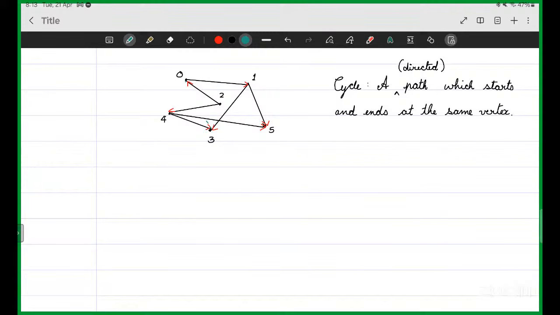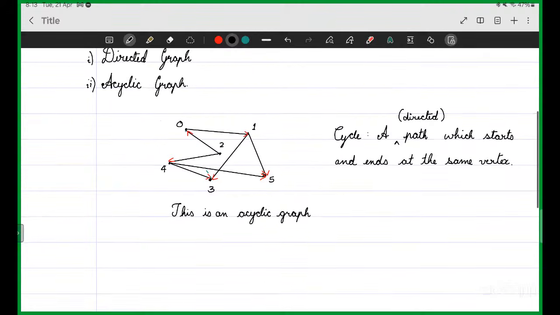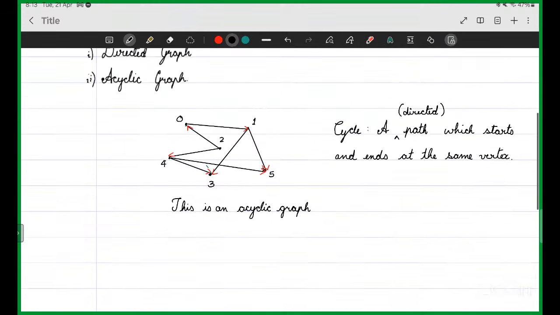But in this case, this is not a tree, but this graph doesn't have cycles, so this is an acyclic graph. To properly verify that, you have to start at every vertex and then try to get a path back to itself, which you will see is not possible. All right. So this is an example of a directed acyclic graph.